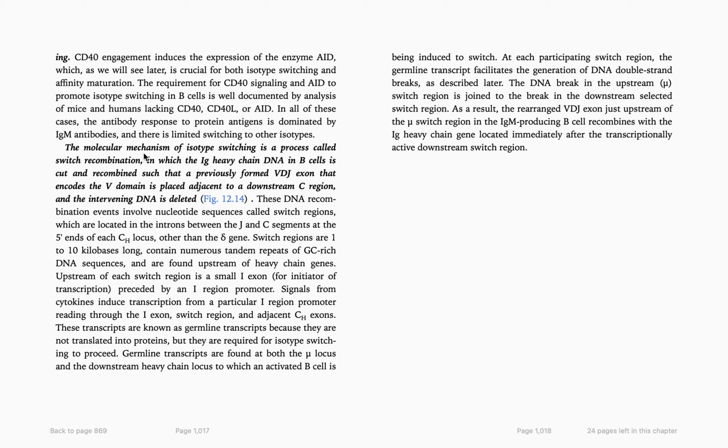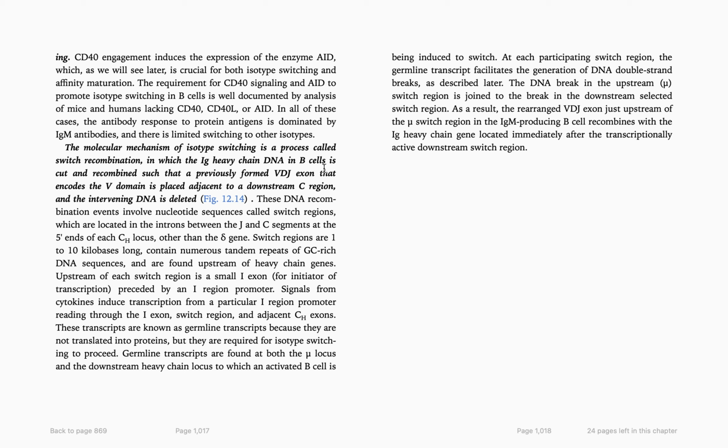The molecular mechanism of isotype switching is a process called switch recombination, in which the Ig heavy chain DNA in a B cell is cut and recombined such that a previously formed VDJ exon that encodes the V domain is placed adjacent to a downstream C region and the intervening DNA is deleted.